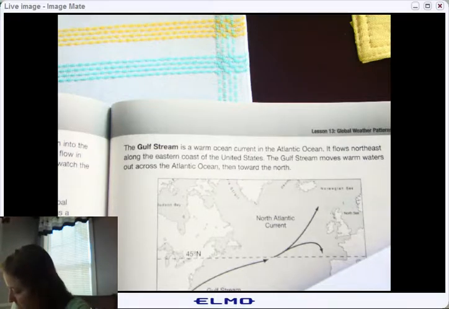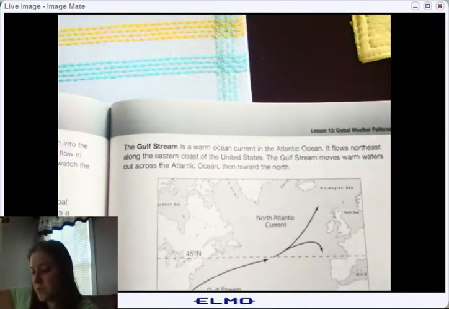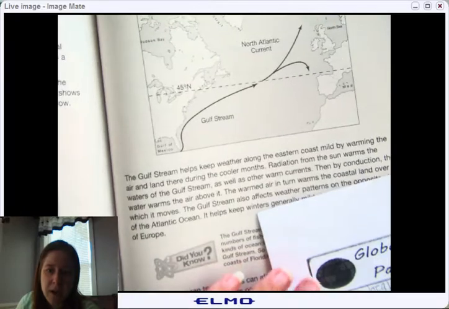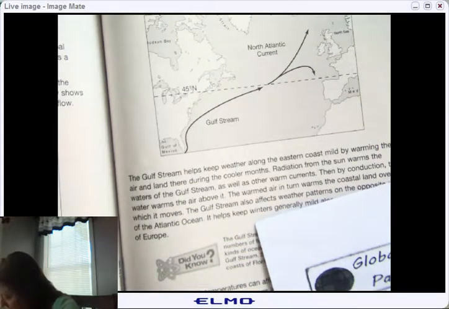It flows northeast along the eastern coast, blank in the colder months. So the Gulf Stream helps the weather along the eastern coast by warming the air and land during the colder winter months. So therefore, it says keeping weather along the eastern coast.